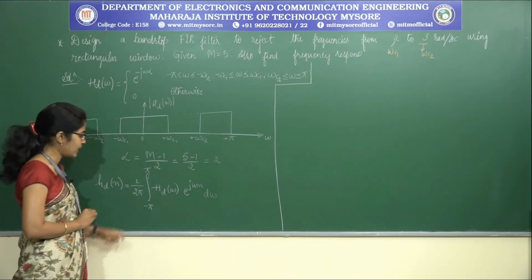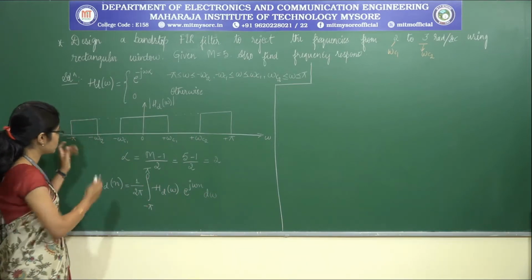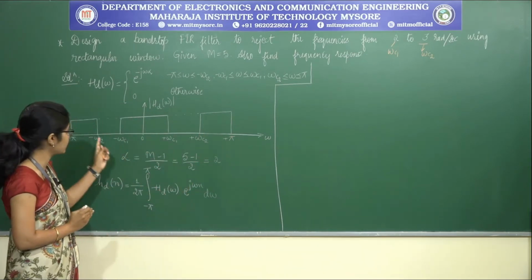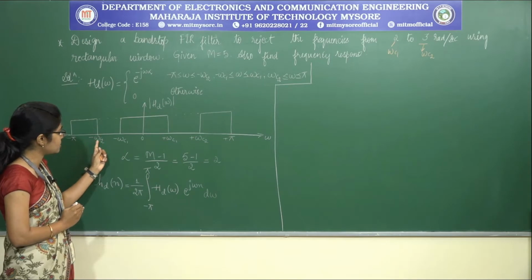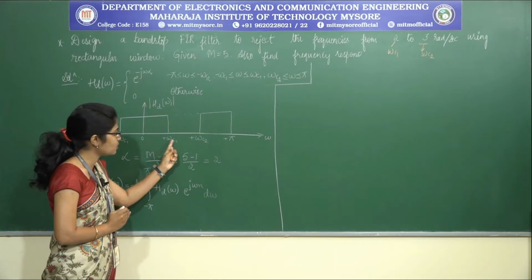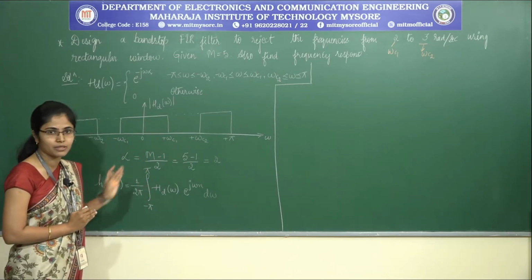Now I need to split this integral in such a way that it should cover this part as well as this part, and it is rejecting from minus omega C2 to minus omega C1 as well as from plus omega C1 to plus omega C2. I need to divide this integral in that particular fashion.